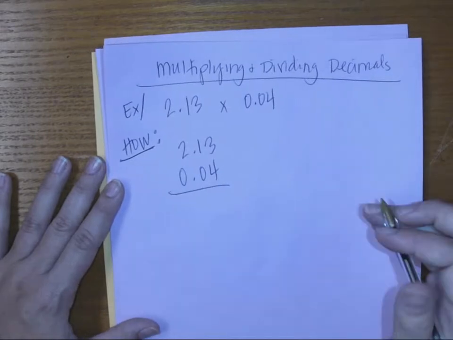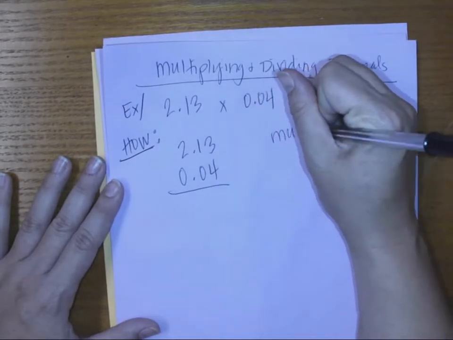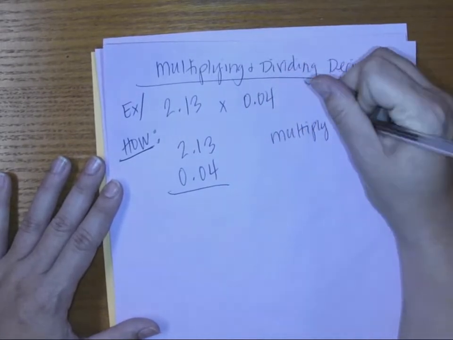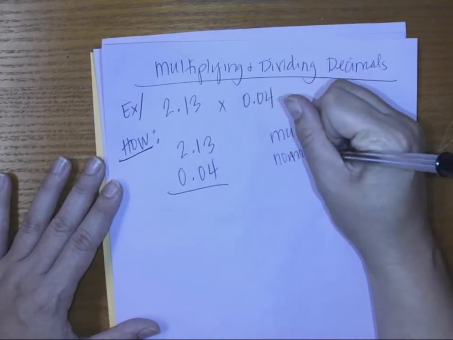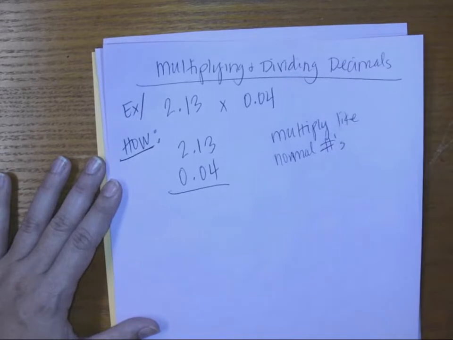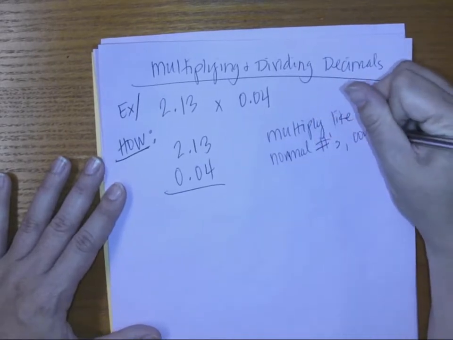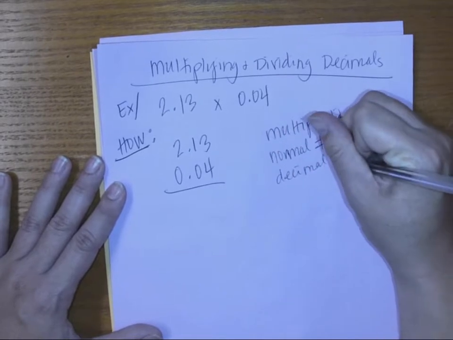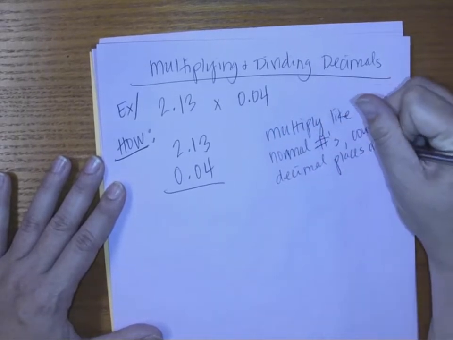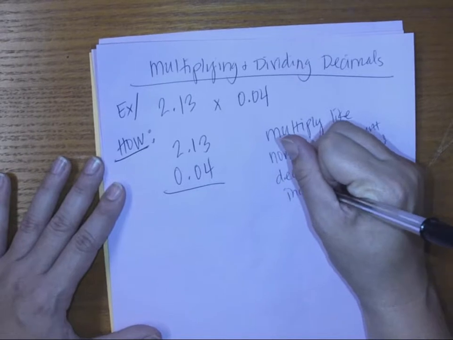So the process for the how is: multiply like normal numbers, and then at the end you count your decimal places and include them in your answer.